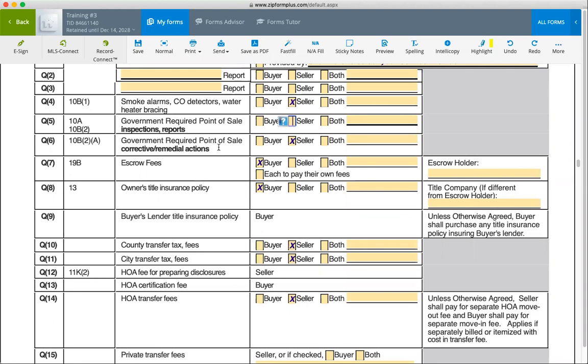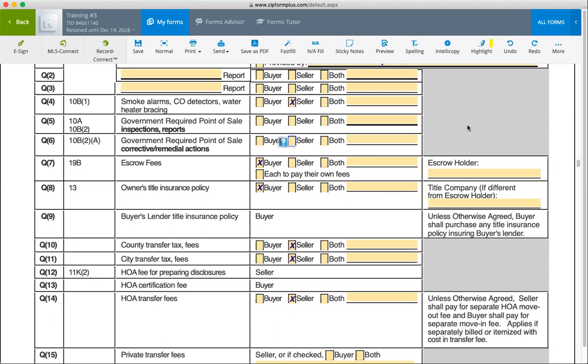And I think Cotati, has anyone sold property in Cotati? Not for a few years. Yeah, I think Cotati is the only community in Sonoma County that has a point of sale report or inspection. Otherwise, I think we're safe to leave those two forms blank.